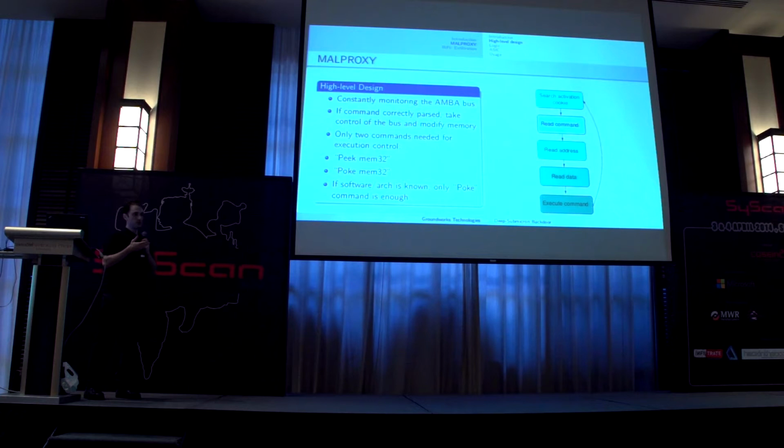The machine will, in some way, copy the packet into memory. When it copies the packet into memory, inside the packet this command is encoded in several words, and the rootkit is listening to this bus traffic and gets activated.